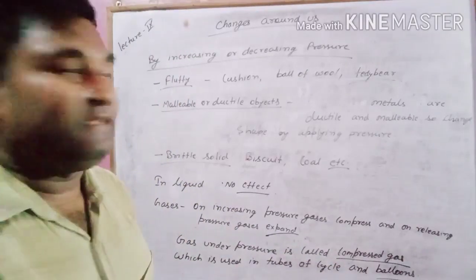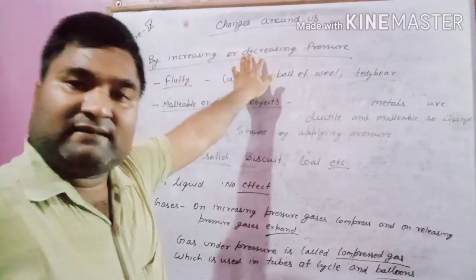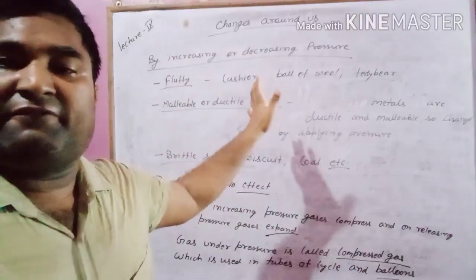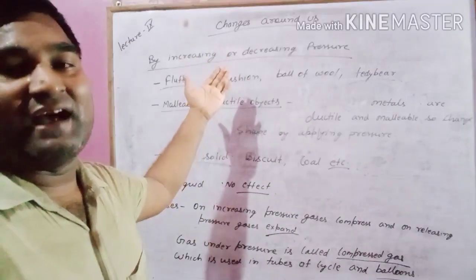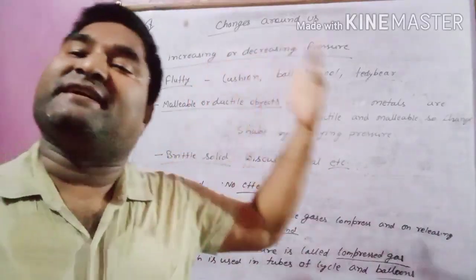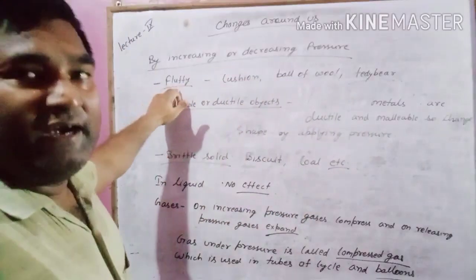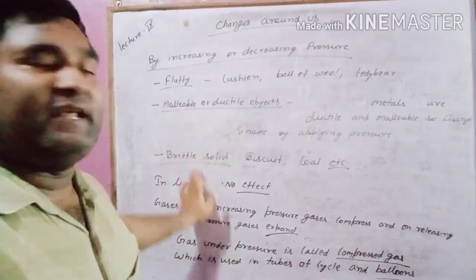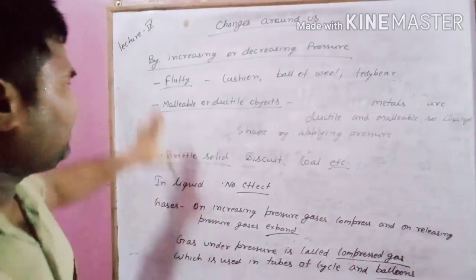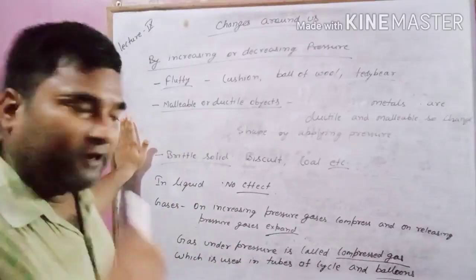What I am saying here is that pressure does not have much effect on solids and liquids, but there are some solids that can change their shape. If the solid is fluffy, malleable or ductile, or brittle, the shape of the solid can change.